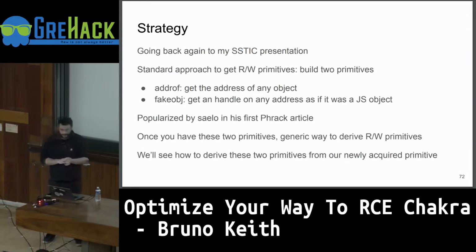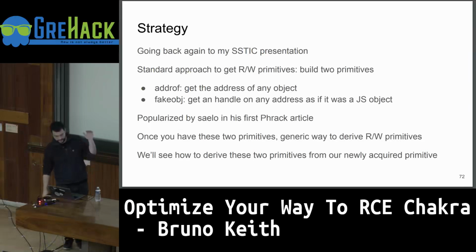So the strategy, going back to the presentation I gave at the STIC this year, the standard approach to get read-write primitives: you have to build two primitives, which are addrof, which gets you the address of any object, and fakeobj, which, given an address, gets you a handle to that address as if it was a JavaScript object.